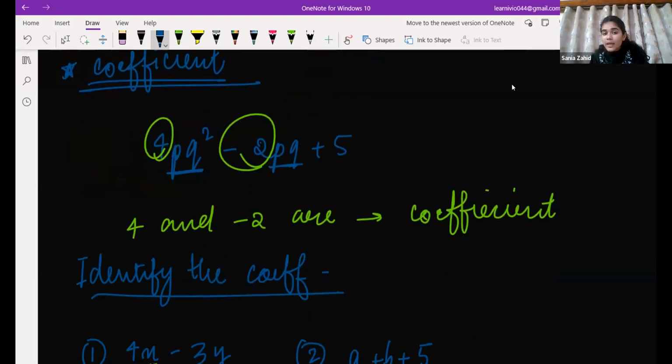If you look at this equation very carefully, it has three terms: 4pq square, minus 2pq and 5. Among these, this term has letters in it. This also has letters in it. But does this third term have any letter in it? No, it does not have any letter. So the terms that do not have any letter are known as constant terms. Understood?